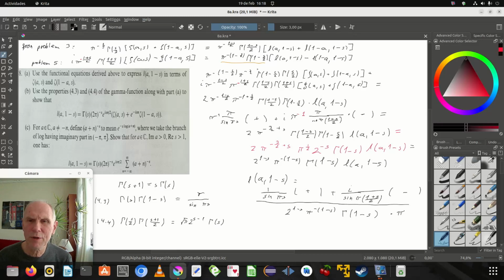Now, have I done something wrong up here? When I use this one with these two, then it becomes sine of, yeah, I have it of 1 plus s halves.